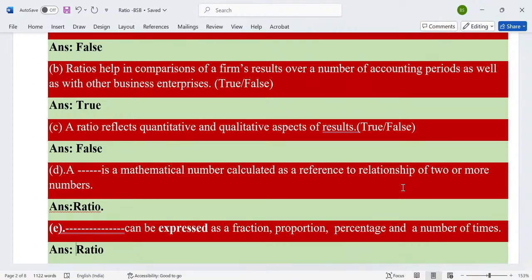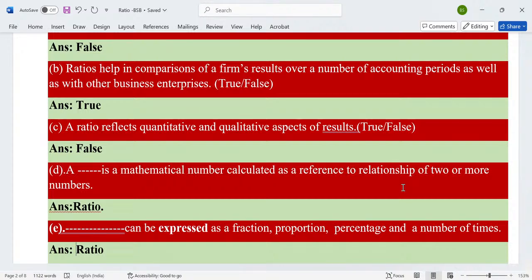Question D. A dash is a mathematical number calculated as reference to relationship of two or more numbers. Answer is ratio. As I told you, ratio is a mathematical number calculated as a reference to relationship of two or more numbers. Question E. Dash can be expressed as a fraction, proportion, percentage, and number of times.